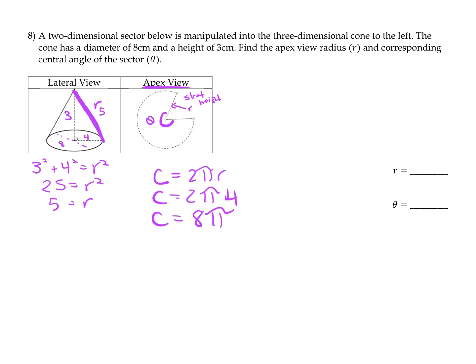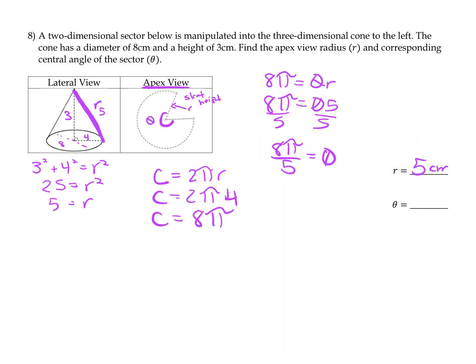So I'm going to take my 8 pi and set it equal to theta times 5. Divide by 5, so 8 pi over 5 is my angle measure. So my radius is 5 centimeters, and theta is 8 pi over 5.